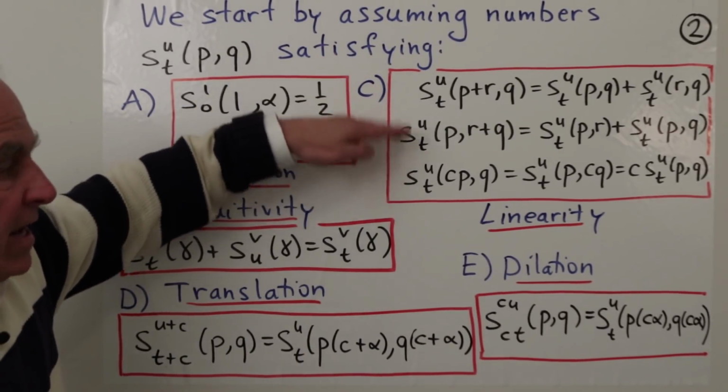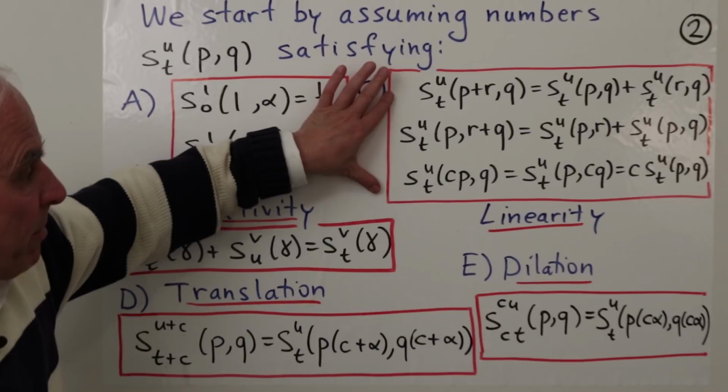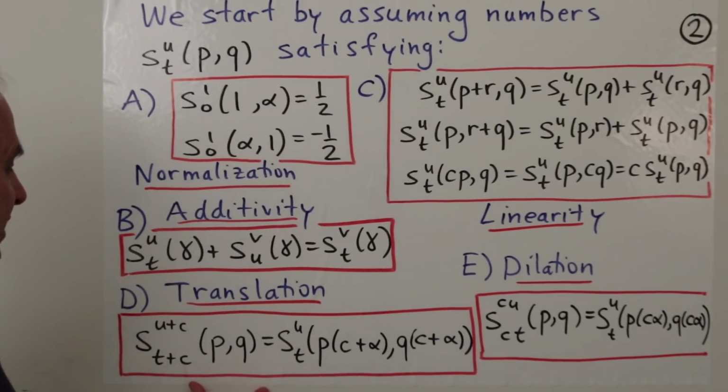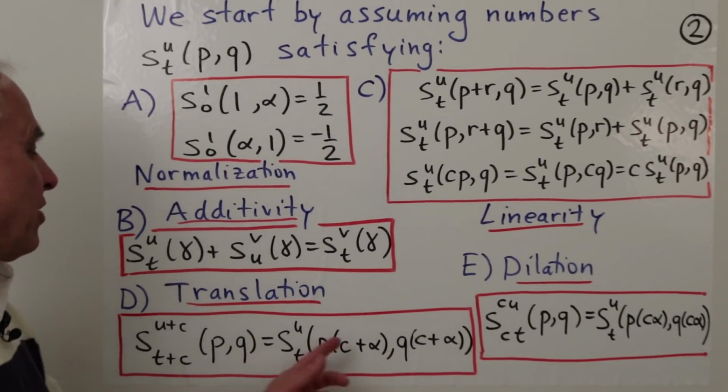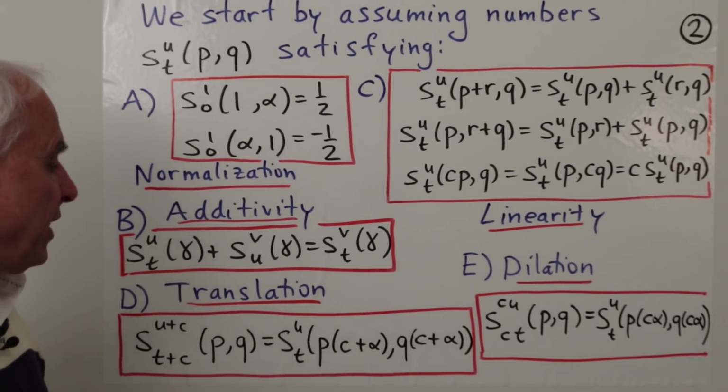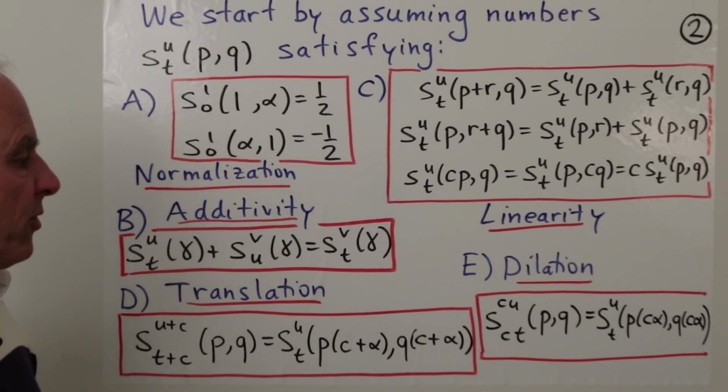And then here are the linearity properties that we've already seen a couple of times. The translation property, that tells us what happens when we shift both endpoints by a constant. We have to adjust by correspondingly shifting the polynomials in question.